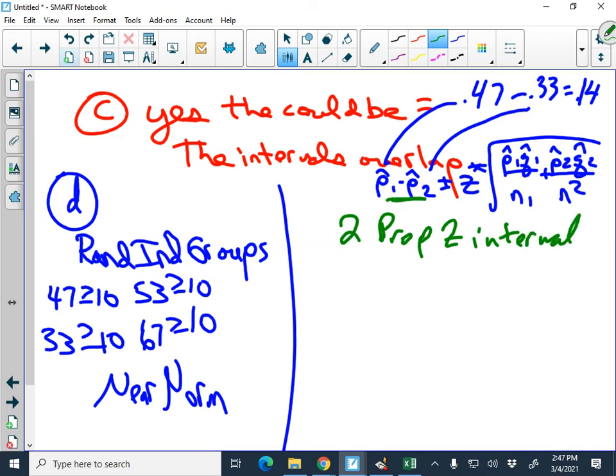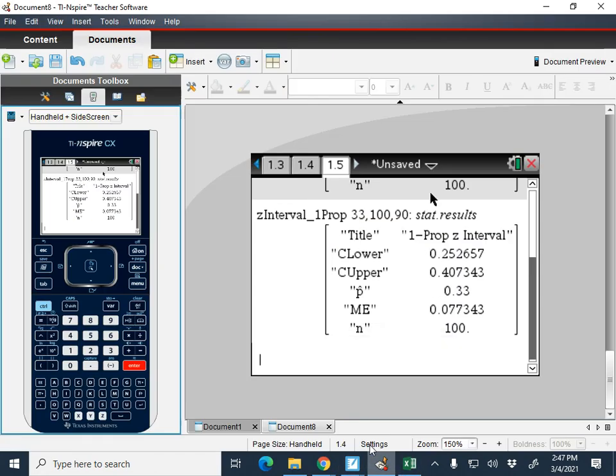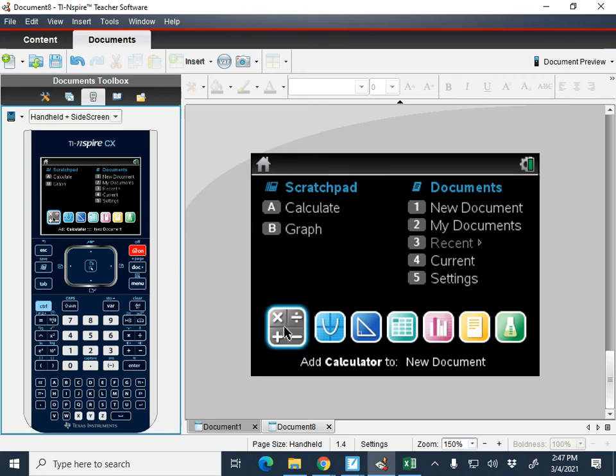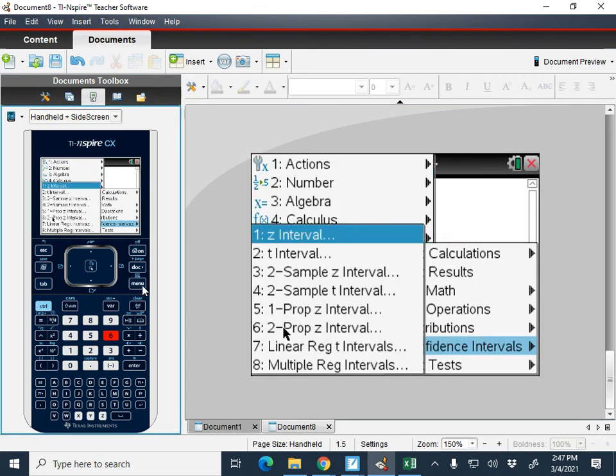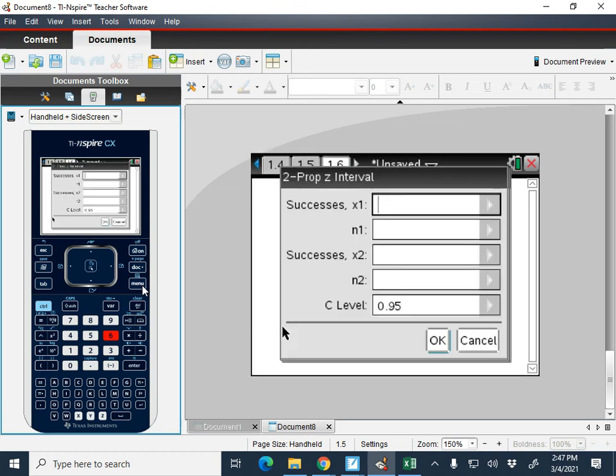But what it finds, it subtracts the difference to build it. So we're going to see this after I put it in, and I'm going to point something out on the calculator screen so that you remember when you define this one to put it down. Menu, statistics, confidence interval, 2 prop z interval.